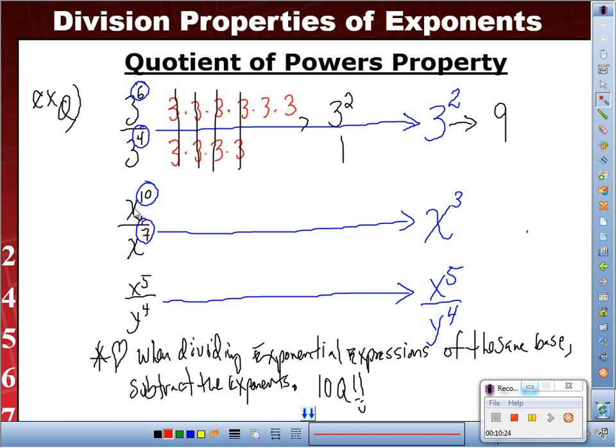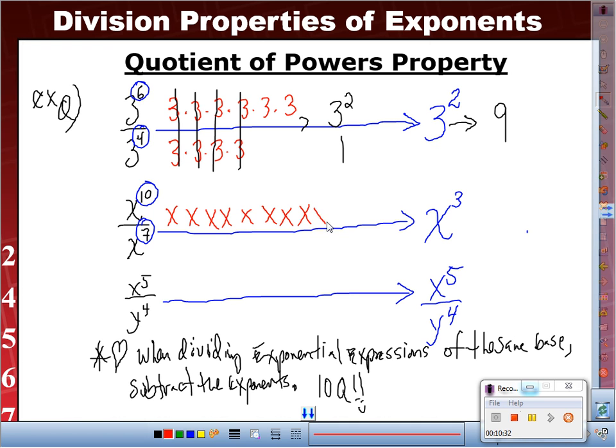So let's see. x to the 10 is x times x times x times x times x times x times x times x times x times x. This one is x times x times x times x times x times x times x. Do we have giant ones? Yes.